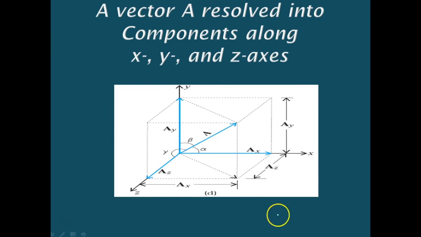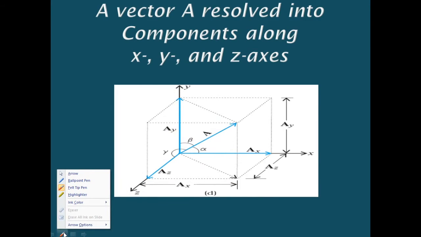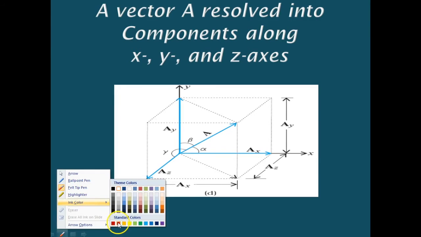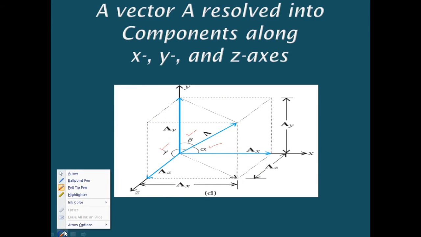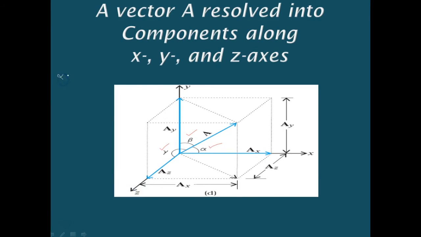If you consider alpha, beta, you can see in this figure. This is the angle alpha, angle beta and angle gamma, the angles between A and the x, y, z axes respectively, which means alpha is the angle between vector A and the x-axis.